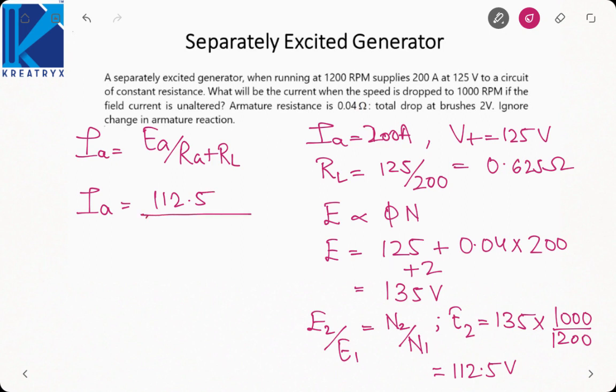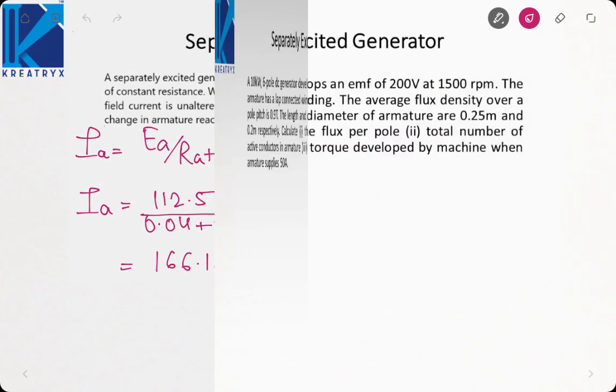RA is 0.04, RL is 0.625. So this will come out to be 166.16 ampere. So that will be the load current if you change the speed. Remember, whenever a constant resistive load is given to you, you have to first calculate the load resistance.